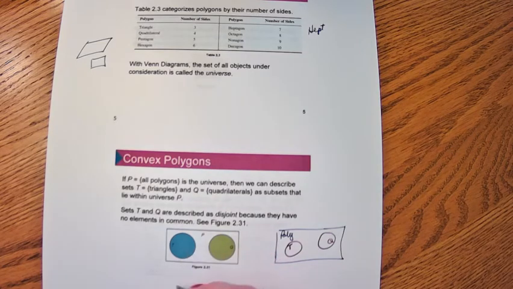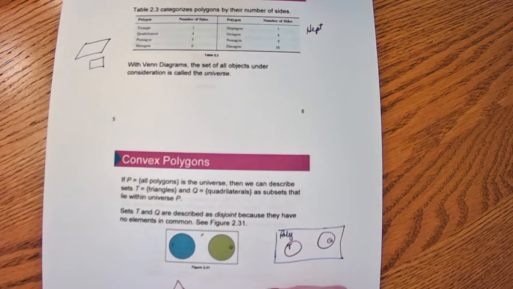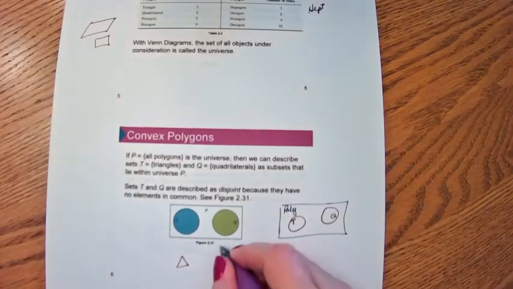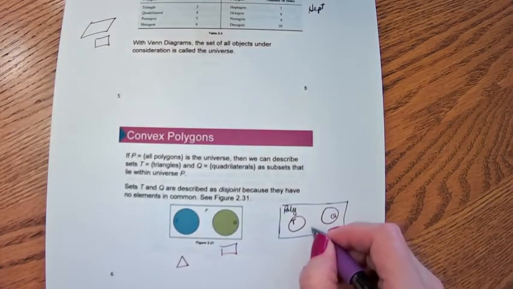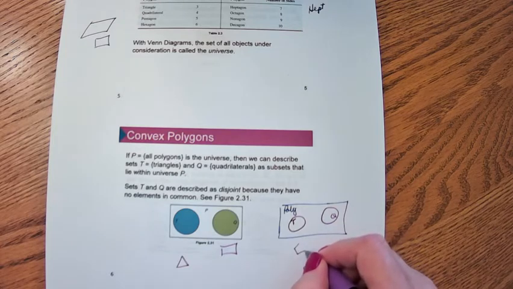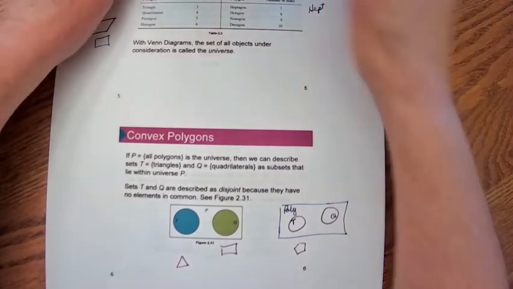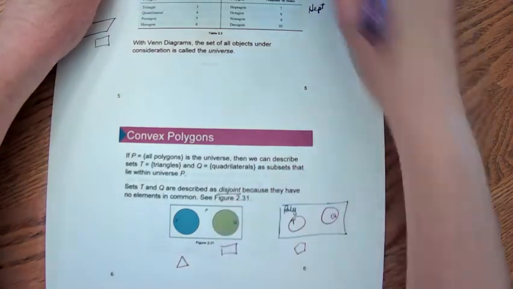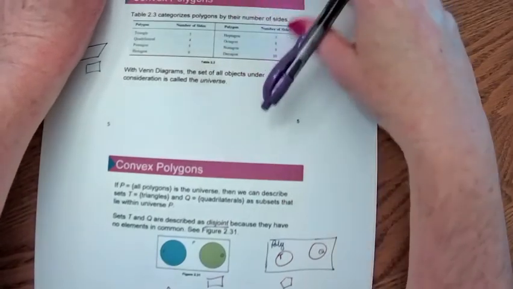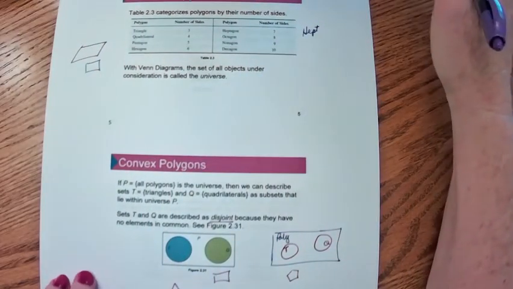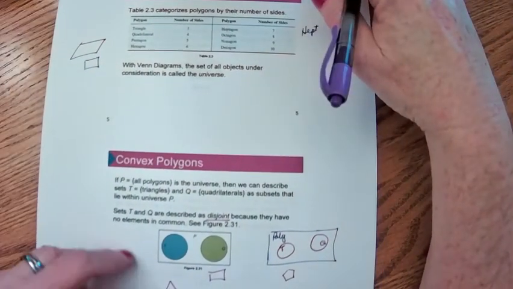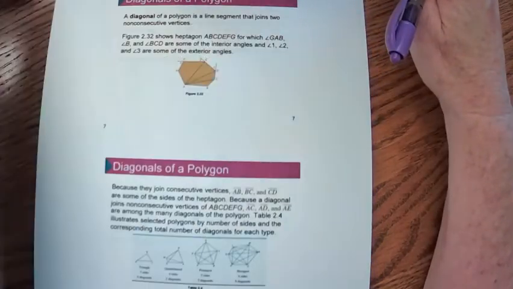In other words, a figure either has 3 sides, or the figure has 4 sides, or we might have our pentagons here, or a figure has 5 sides, but it can't fall into more than one category. So they are described as disjoint. A polygon would fall into the category of a triangle or a quadrilateral, but it can't be both.